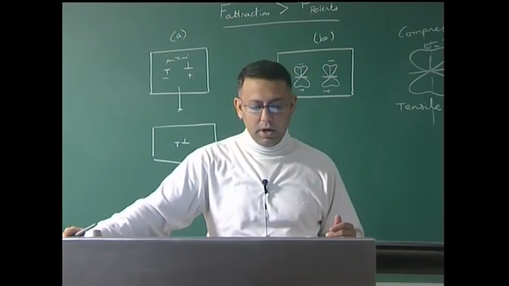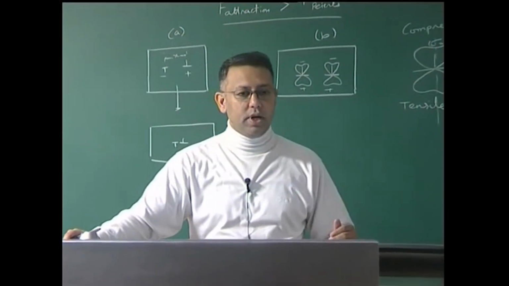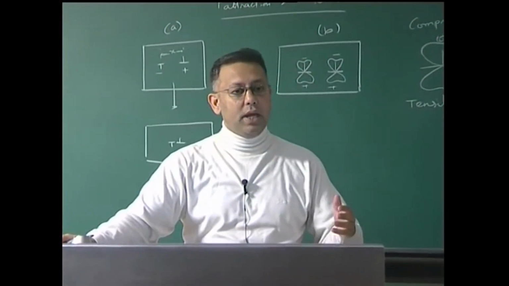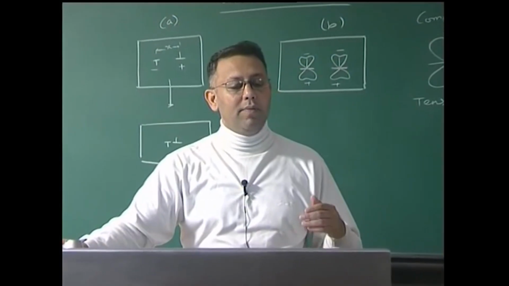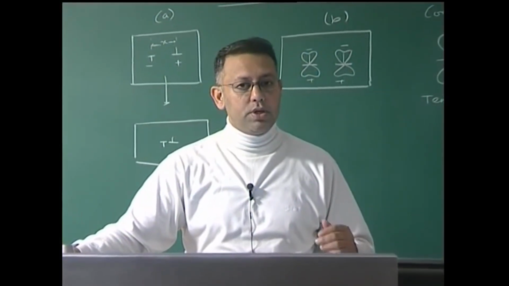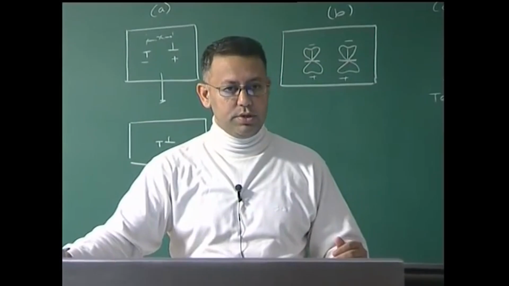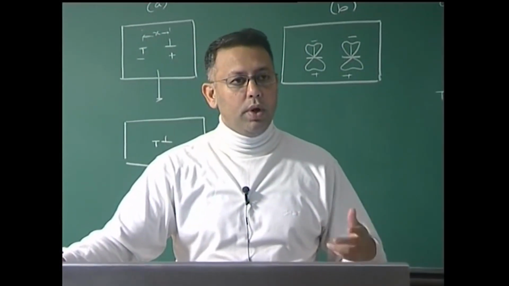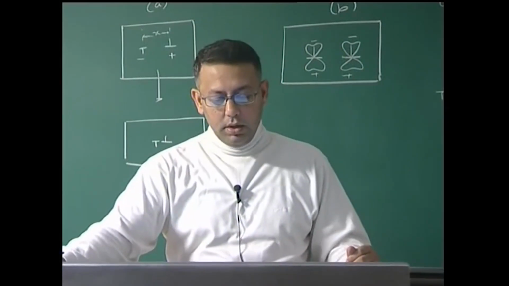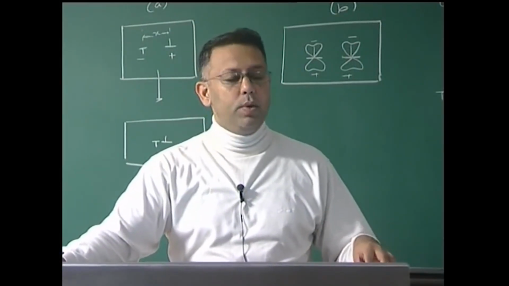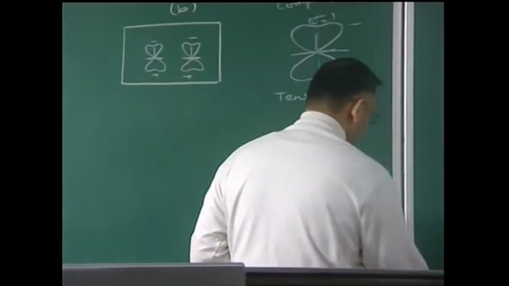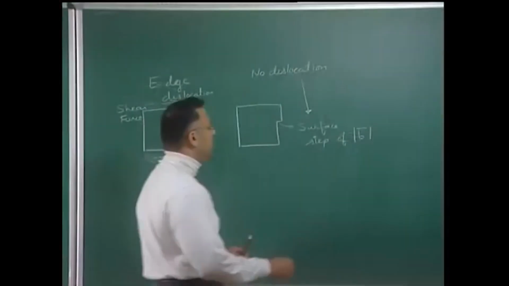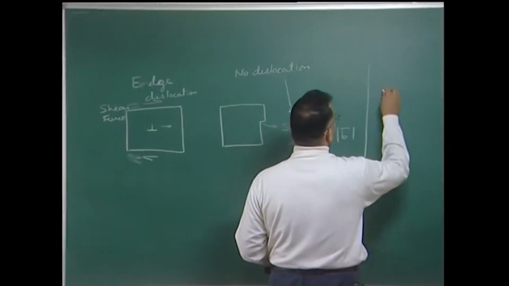Some of the properties which typically we could see is, for instance, the effect of strain hardening. We could be seeing the evolution of the structure by the formation of what are called low angle grain boundaries, which could happen after a deformation when you try to do recovery. That is a thermal treatment called recovery, which can give rise to low angle grain boundaries. So, I can take a material and plastically deform it.